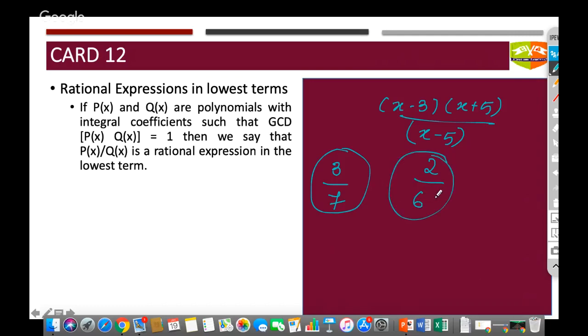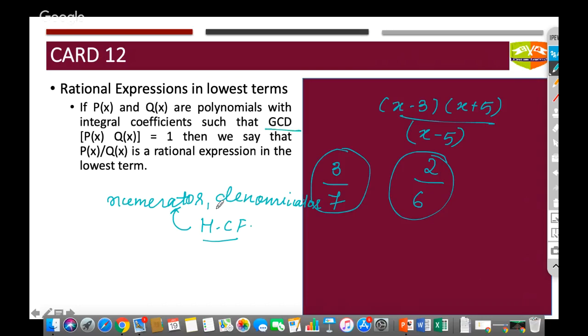What do we do to check whether any particular rational expression or rational number is in lowest form or not? We take the numerator and we take the denominator, and we try to find the HCF of the numerator and denominator.